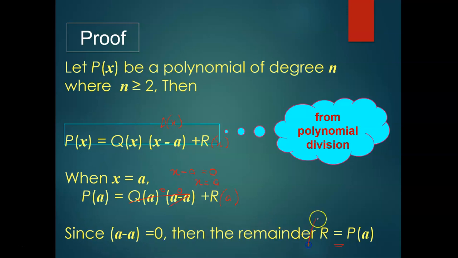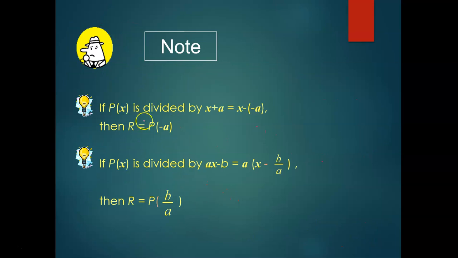So remember, by the remainder theorem, you will have this expression, r equals p(a). If p(x) is divided by x plus a, how do you find this value? You solve x plus a equals 0, then x equals negative a.